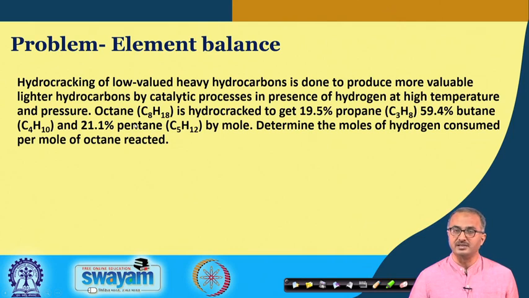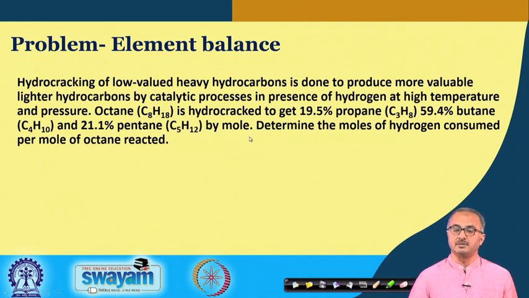This is done catalytically. Now it is said that octane, that is C8H18, is hydrocracked to get lower hydrocarbons: 19.5% propane, that is C3H8, then 59.4% butane, that is C4H10, and 21.1% pentane, that is C5H12, by mole.